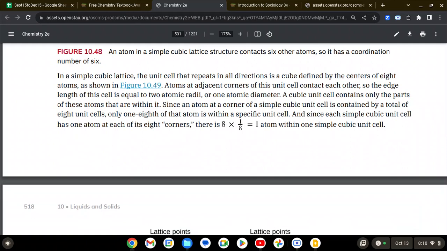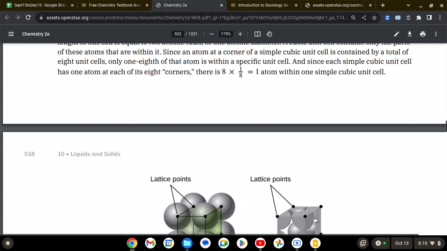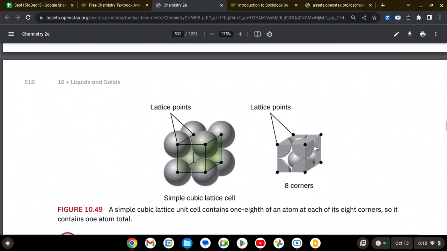Since an atom at a corner of a simple cubic unit cell is contained by a total of 8 unit cells, only 1/8 of that atom is within a specific unit cell. And since each simple cubic unit cell has one atom at each of its 8 corners, there is 8 times 1/8 equals 1 atom within one simple cubic unit cell.